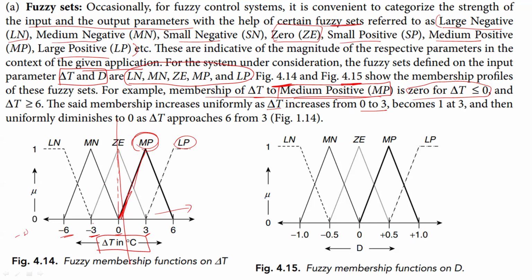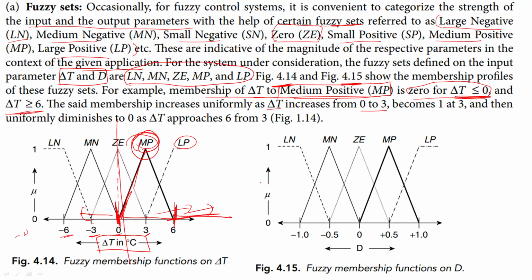It always starts from 0 and moves on till 6. So it is 0 for less than 0 and for greater than 6. When you are looking at the points greater than 6, here also the medium positive is not there. So medium positive varies only from 0 to 6, not beyond this.